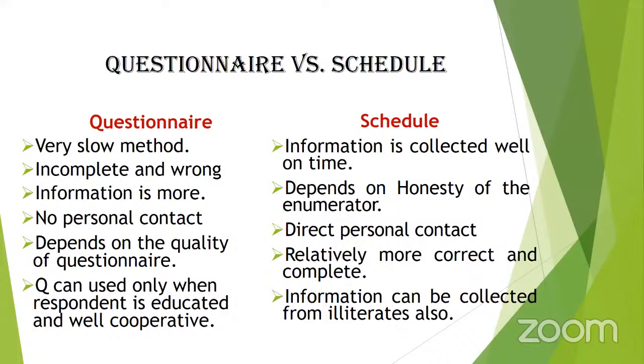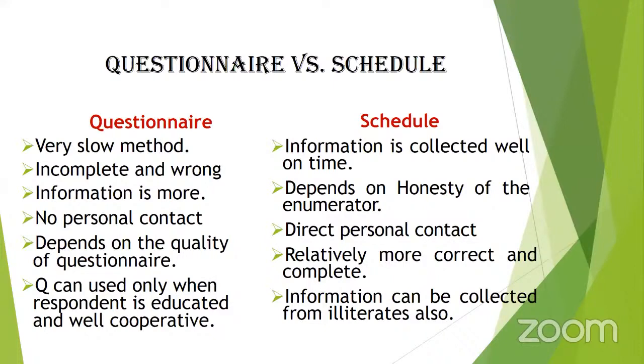If the government wants to do coverage evaluation for a vaccine, we may hire a different agency that has staff. We can give them money and the schedule, ask them to go into the field, get the schedule filled, and give us the information back. So we can hire agencies for data collection.